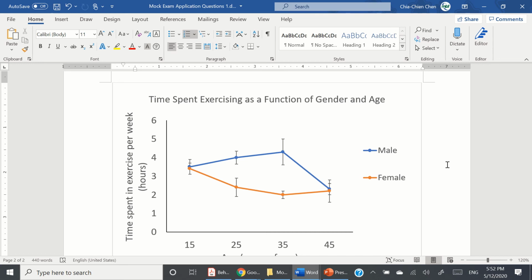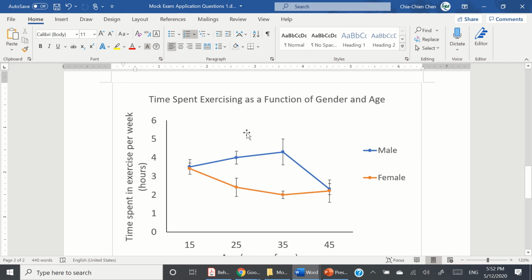We found that male versus female spend a different amount of time overall exercising, in which males in general spend more time than females.